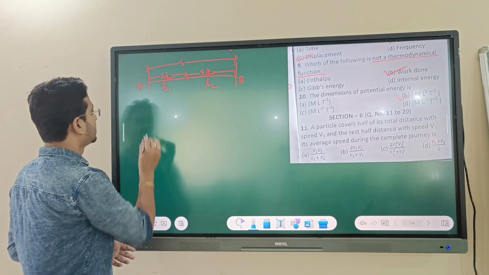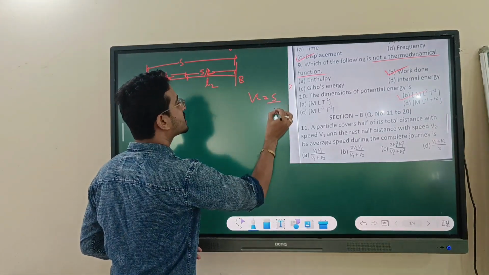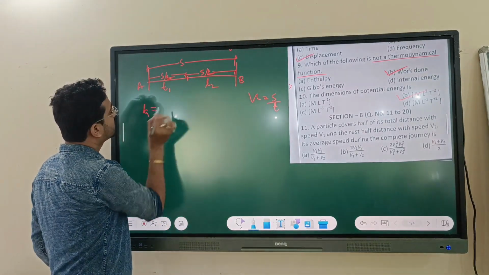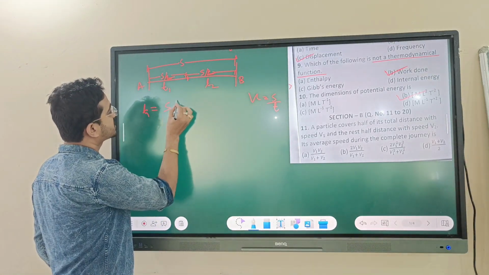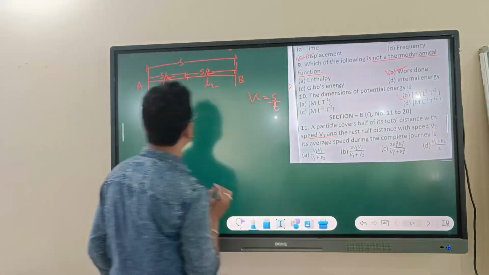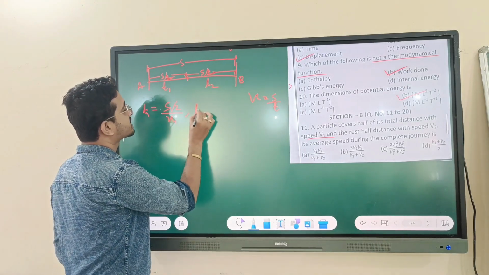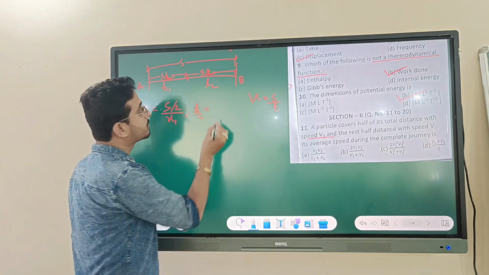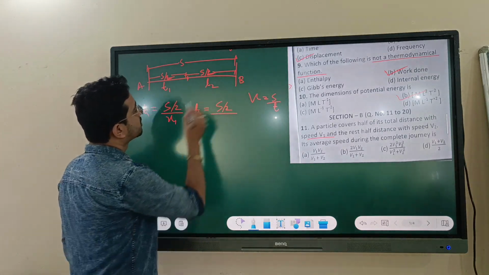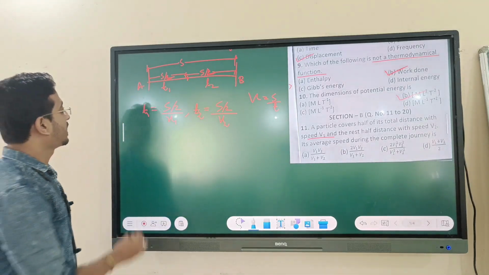Then I can say, we know that velocity is equal to distance by time. So time will be equal to distance by velocity. That means in the first case displacement is s by 2, and the speed is v1. Similarly for the second case, t2 is equal to s by 2 divided by v2.